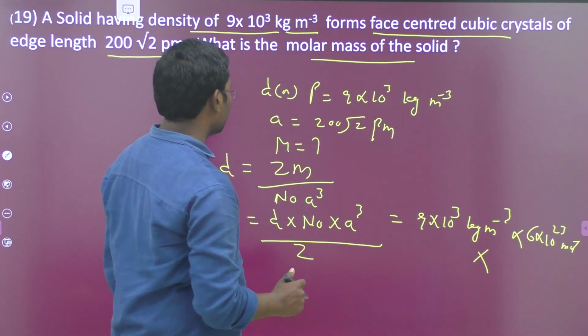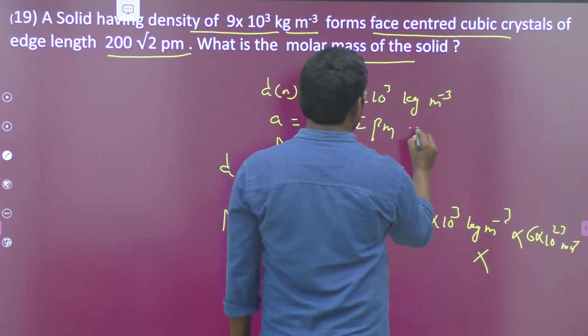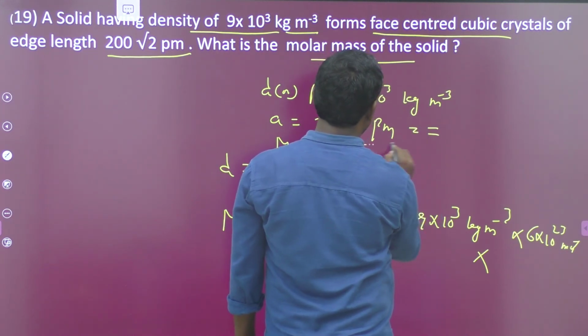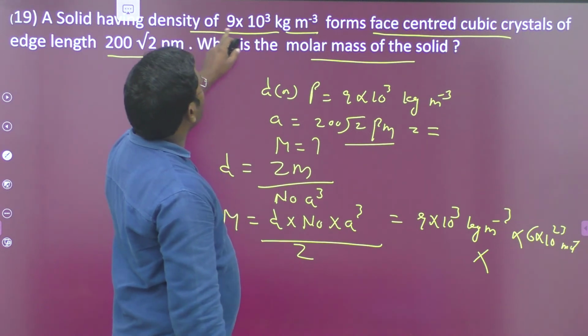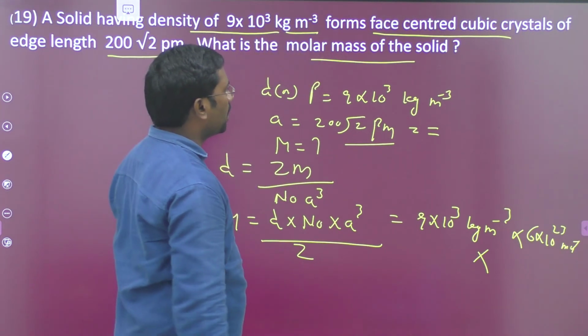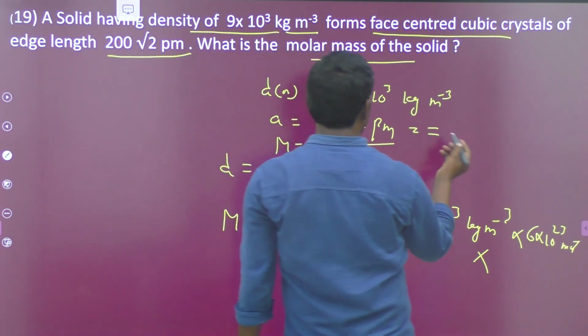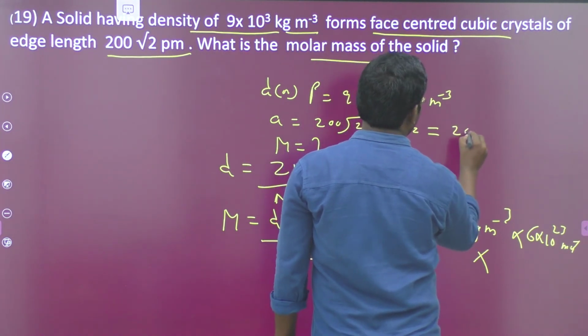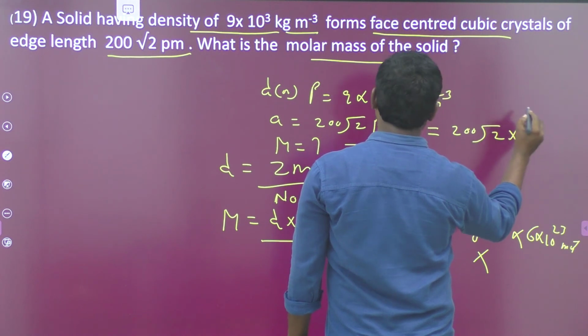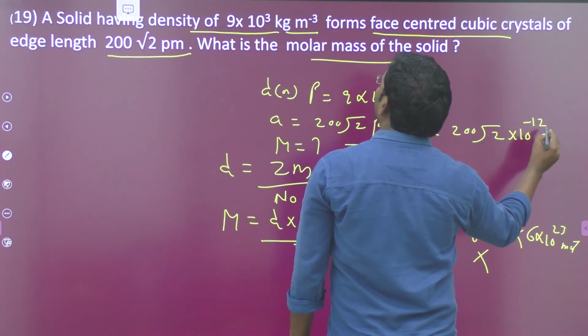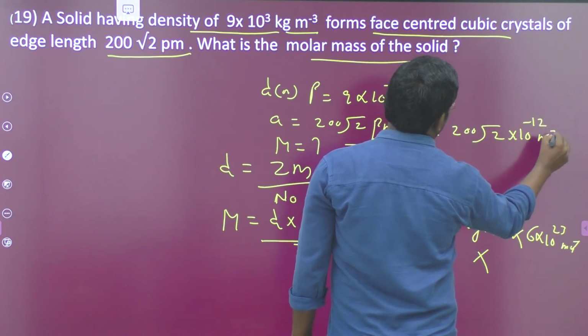edge length A. Edge length A is given as 200 into root 2 picometer, but here the density of the unit cell is given in kilogram per meter cube. Now we have to change the units, picometer into meter, therefore 200 into root 2 into 10 power minus 12 meter.